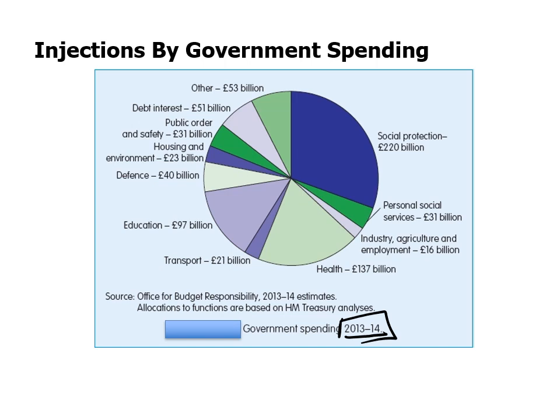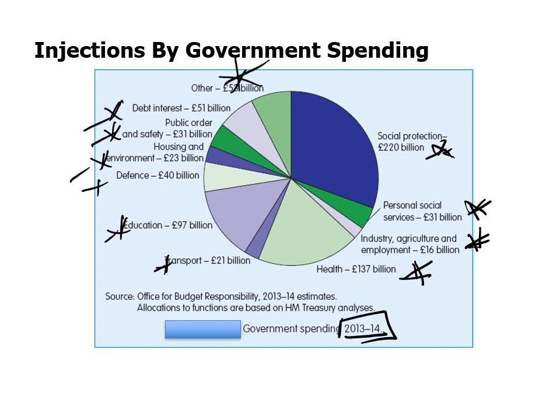All right, social protection, personal social services, industry, agriculture and employment, health there taking a good chunk, transport, education, defense, housing and the environment, public order and safety, debt interest for previous loans, and then just other miscellaneous. Okay, so you can just make it a bit practical that way.